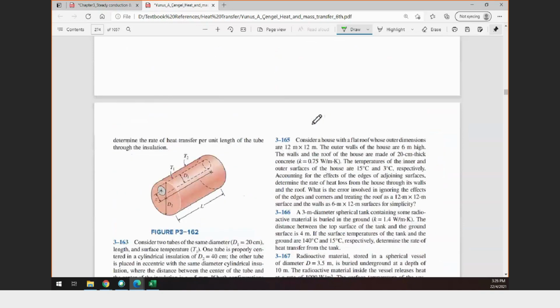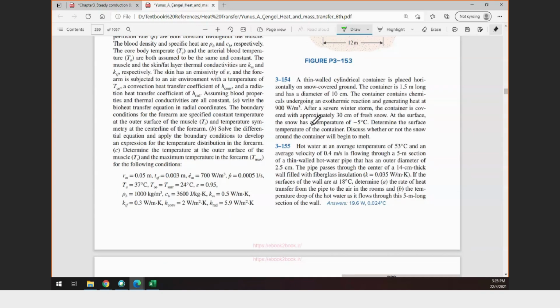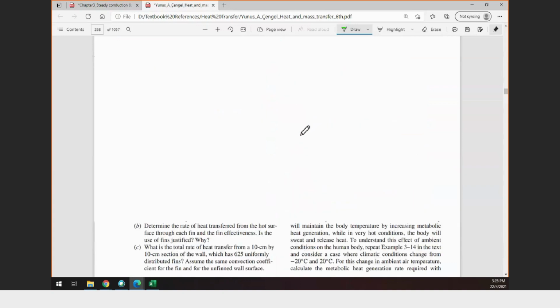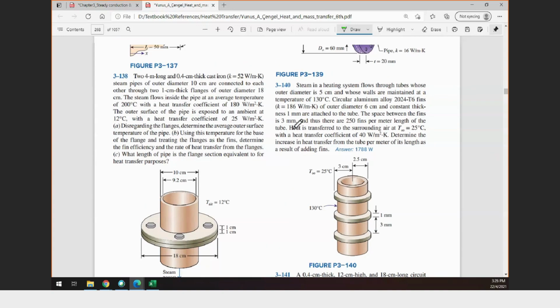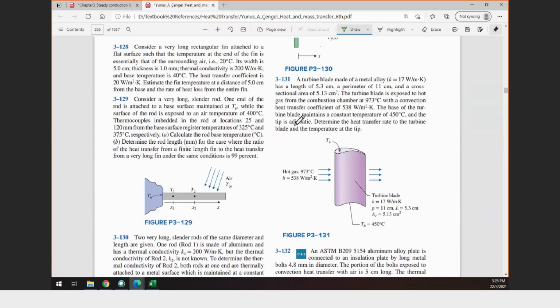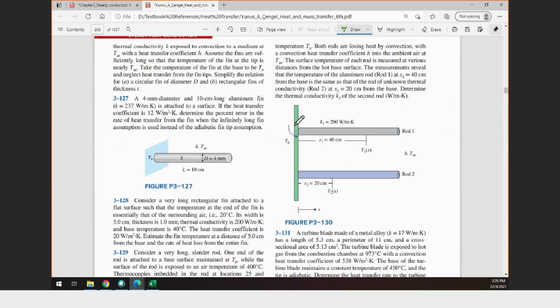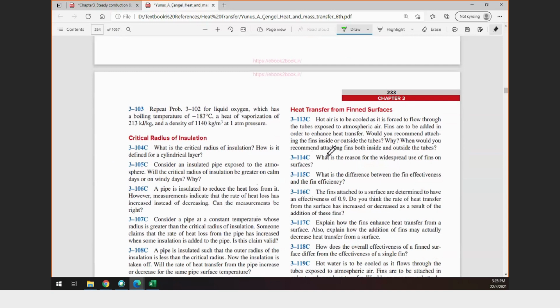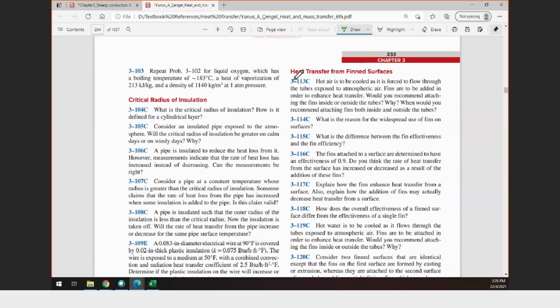If you look at the examples at the back of the chapter, in the last page of the chapter, you can check some examples related to the general fin equation and fins that require analysis of efficiency and effectiveness. This is your exercise: heat transfer from fin surface.